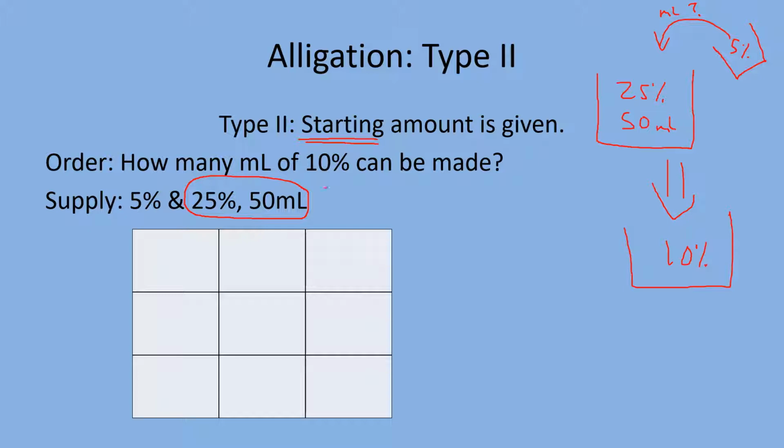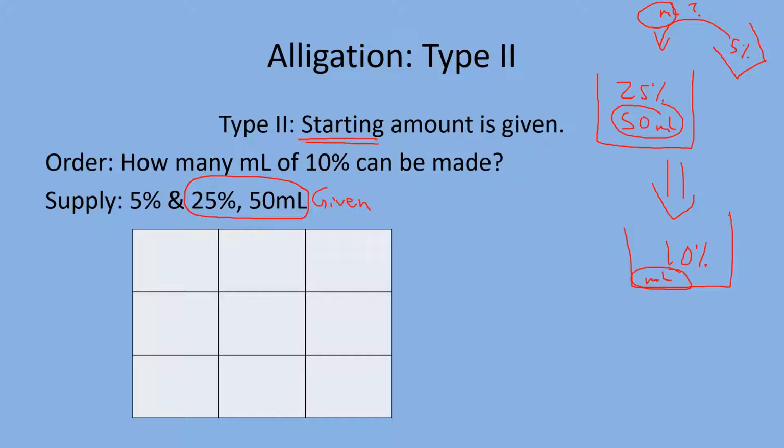So this is given. So half of the job is done for you. So if they ask how much 25% to use, you say 50. So you just have to find the 5%. And then if you add them together, 5% volume, 25% volume, you would get the 10% volume, right? Because whatever mLs you added, you just add it to this guy, and then you get the volume.